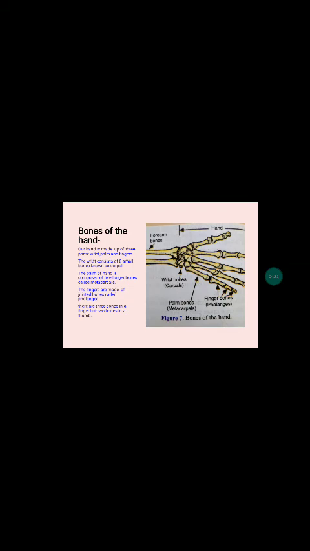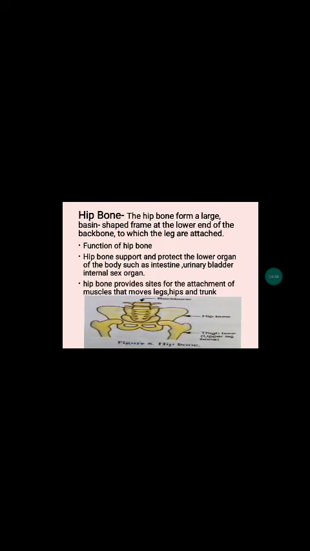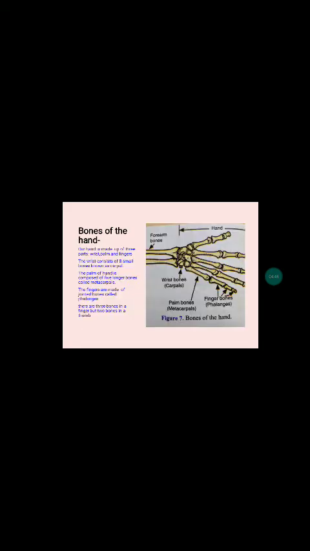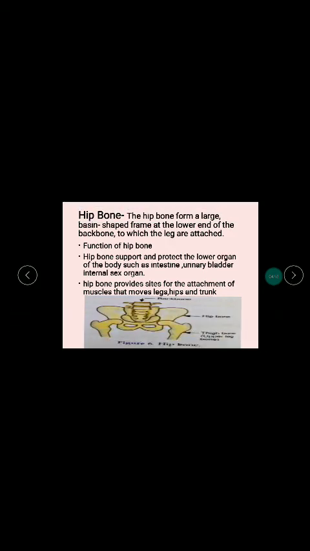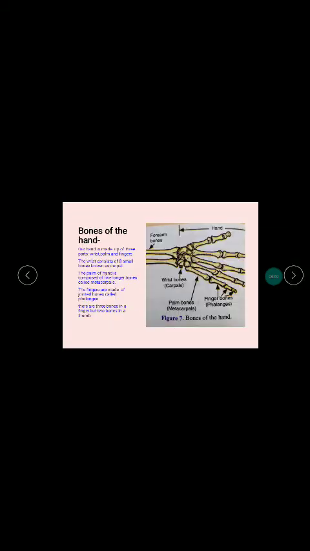And the third is fingers, which are made up of jointed bones called phalanges. So these are the bones of our hand. You can see that there are 3 bones in the fingers, like this one, this one and this one.